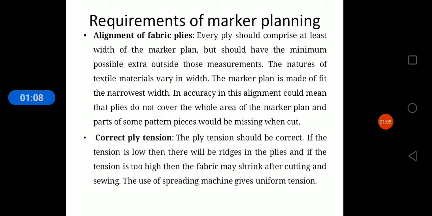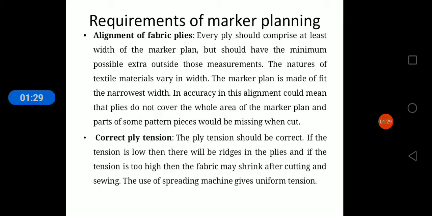Inaccuracy in this alignment could mean that plies do not cover the whole area of the marker plan, and parts of some pattern pieces would be missing when cut. So every ply should be at least the width of the marker plan but should have minimum extra outside those measurements.